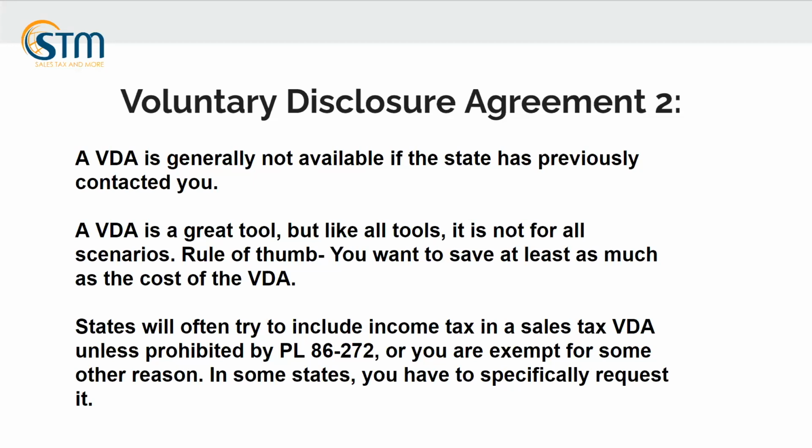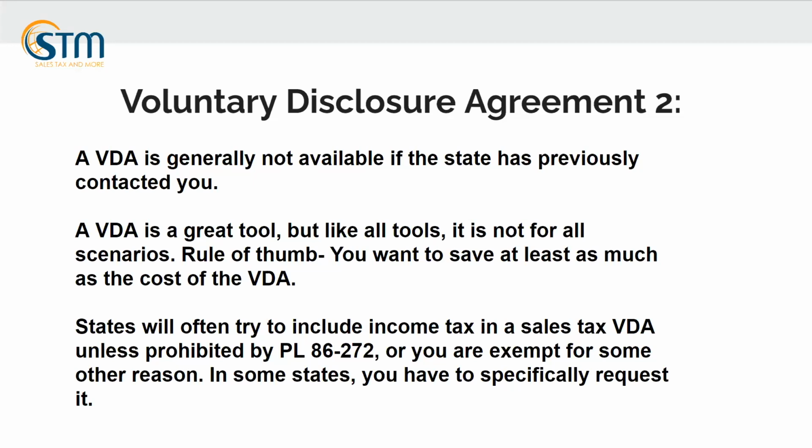And if all of a sudden, you're through the process, you're already disclosed, and then you figure out you can't pay, that's a problem. Now, they do offer payment plans, but generally you don't want to enter into a VDA or disclose who you are until you have a good idea of how much money this is going to cost you.